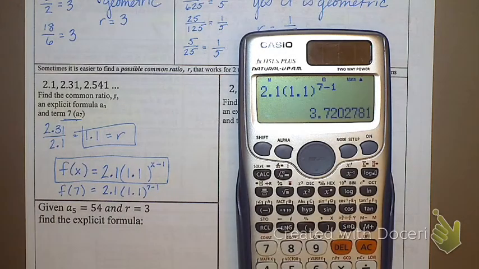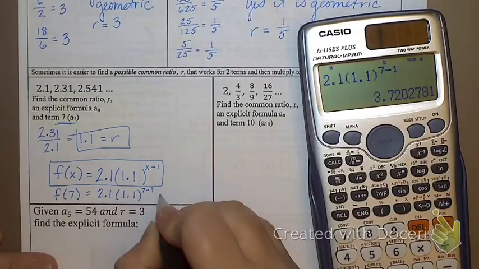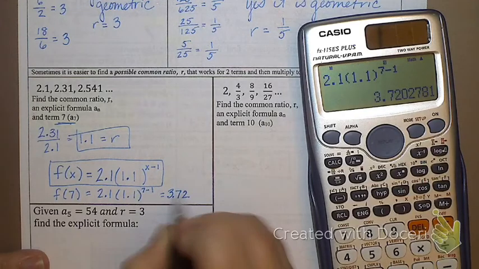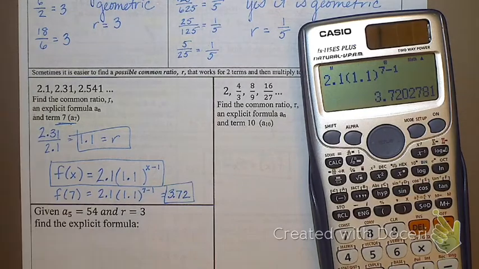And I get 3.720 blah, blah, blah. We'll call it 3.72. That would be the seventh term. Technically, the seventh term would be 3.7202781. I'm just rounding it off because I don't want to write the whole thing. Pretty easy?